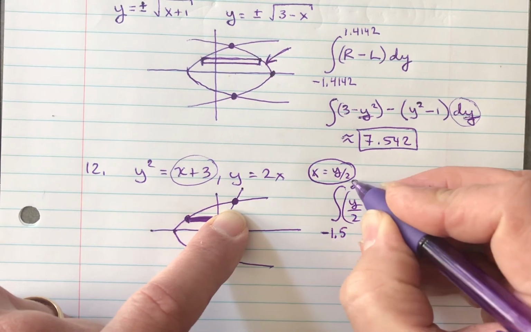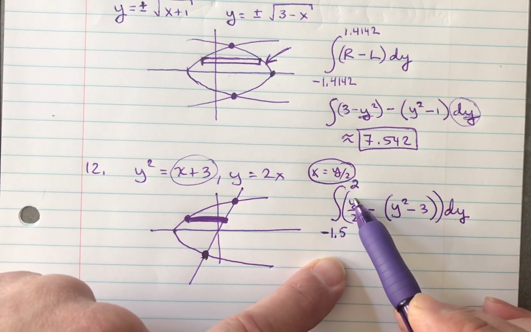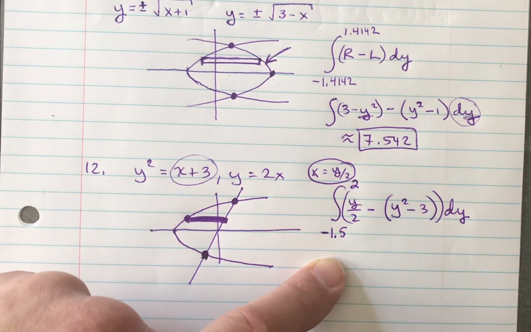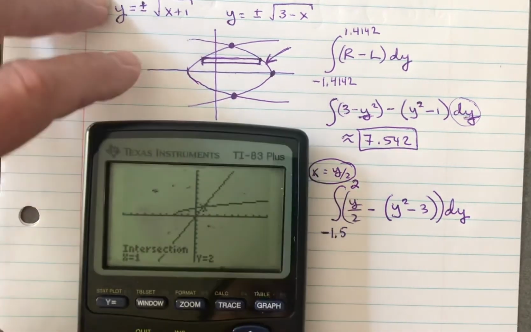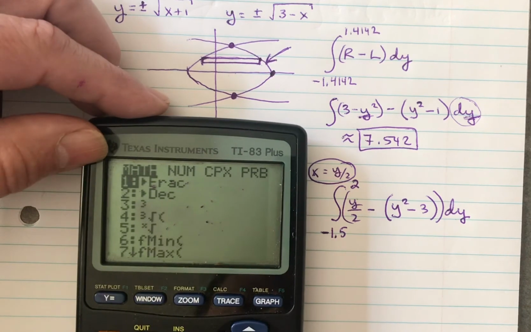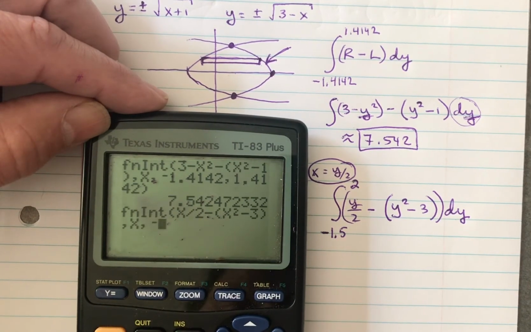So now I have my limits of integration. And I have y over 2 minus y squared minus 3 here. And now I just have to plug that in to my calculator using fnInt. So math 9, and that will be x divided by 2 minus x squared minus 3, comma x, comma negative 1.5, comma 2.